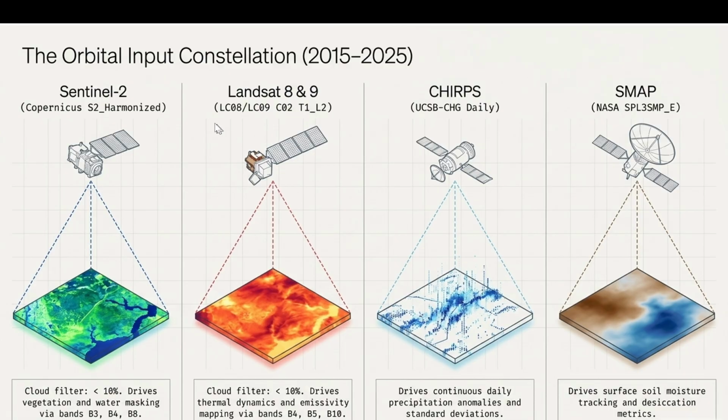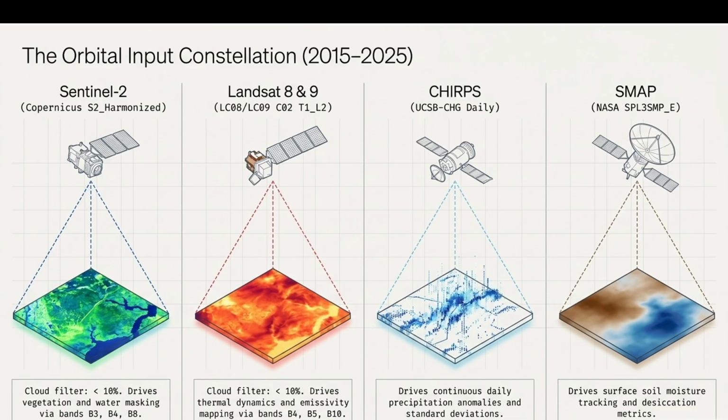Landsat 8 and 9, basically we use this data set for creating the LST, land surface temperature. We also use the VCI, vegetation condition index, and the TCI, temperature condition index, and finally the VHI, mainly the vegetation health index.